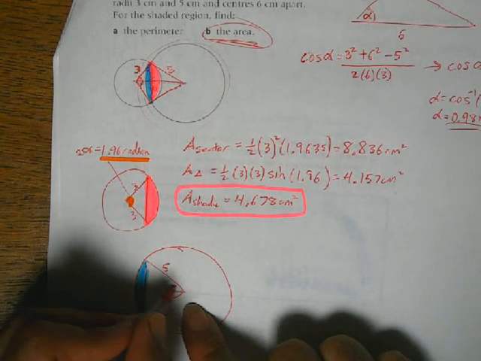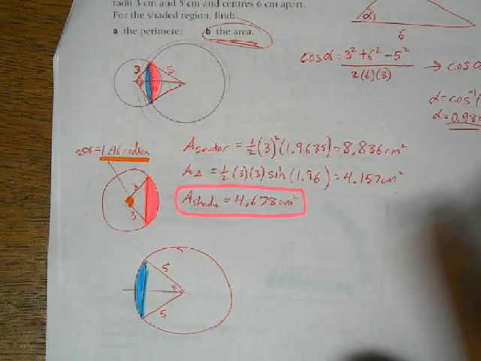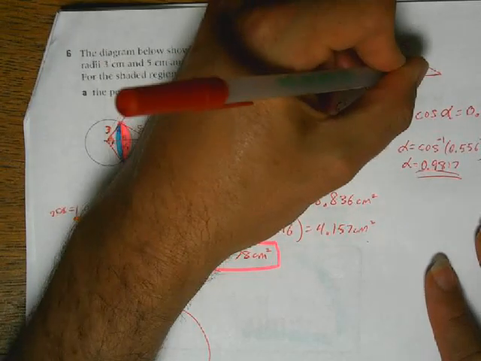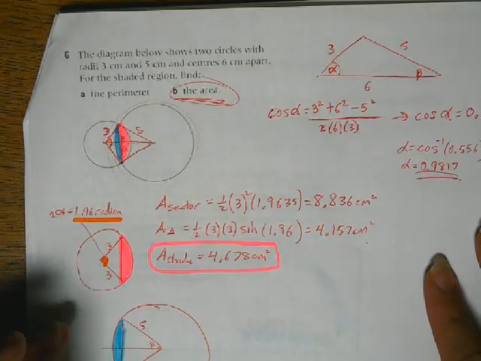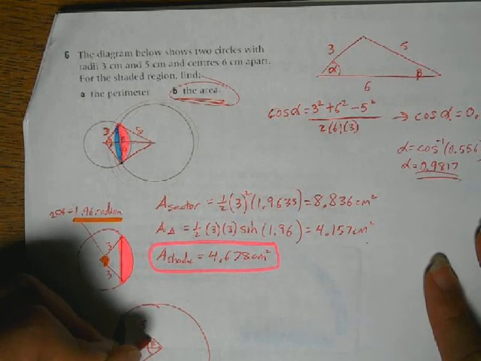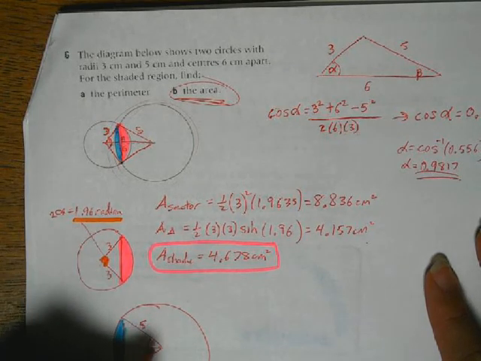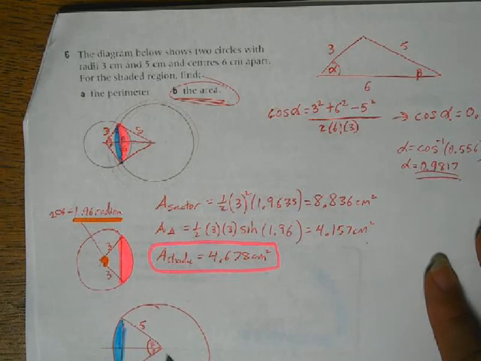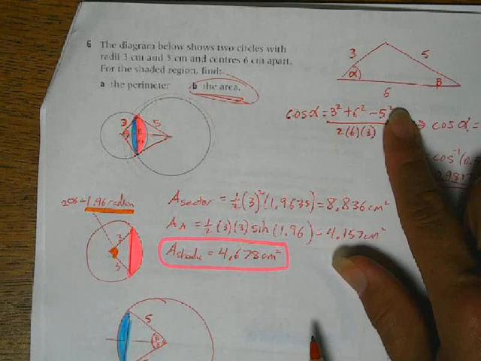I'm going to call it beta, and this whole angle is going to be 2 beta because this is beta also. So we're going to have to use the law of cosine to figure that one out as well.